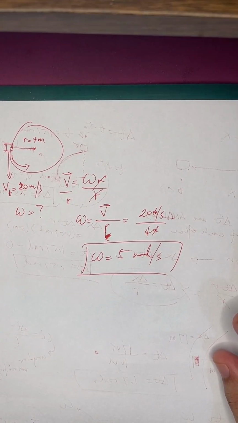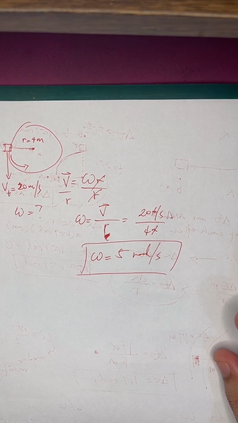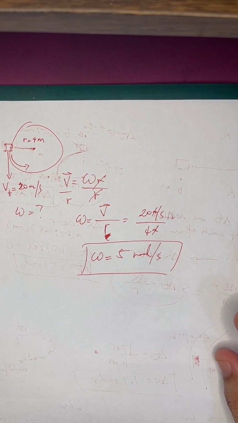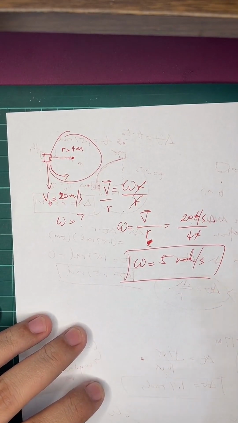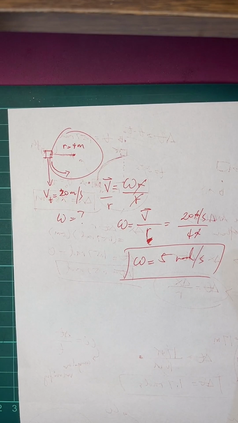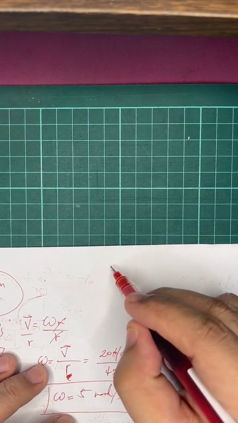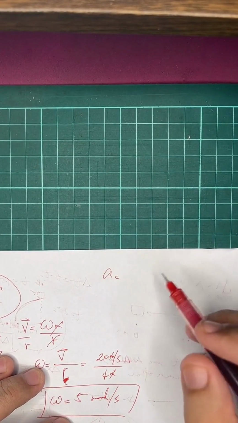Finally, we have acceleration. So to cover all the bases, linear acceleration, in our discussions in our class, we have already identified 3 types of accelerations depending on what is happening to the object. So we have centripetal acceleration, or a sub c.